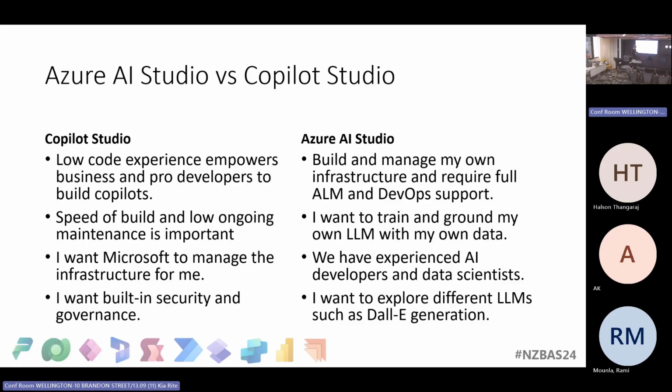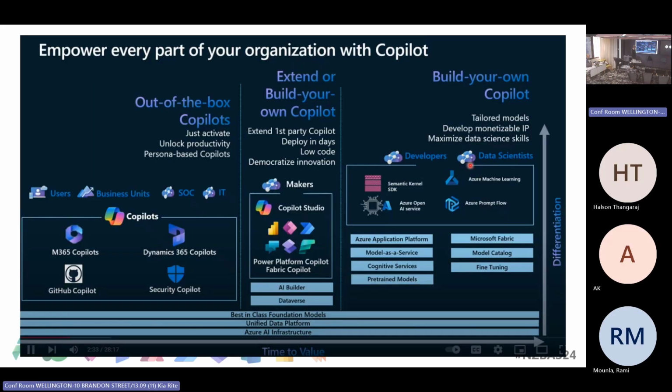So there's much more fine-grained control over what you're building. And if you're into different models as well, not just the GPT models, then it's the place for you too. So it's just a little bit of a comparison.